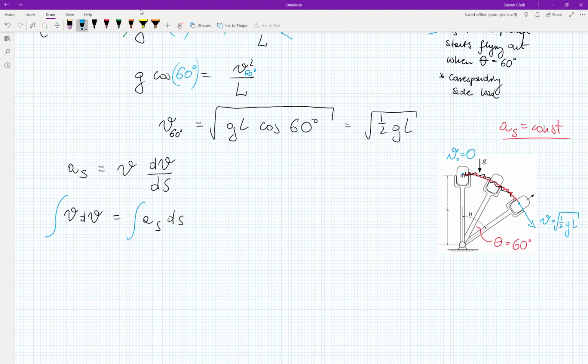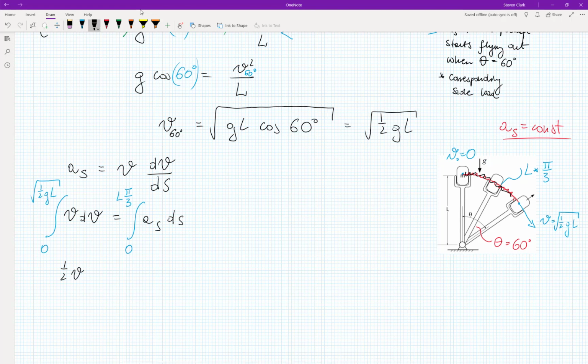What are the integration bounds? When s is 0, our velocity is 0, and when s is equal to L times 60 degrees, so L times pi over 3, this is the arc length, our velocity is the square root of 1/2 gL. These are the integration bounds. So let's integrate.